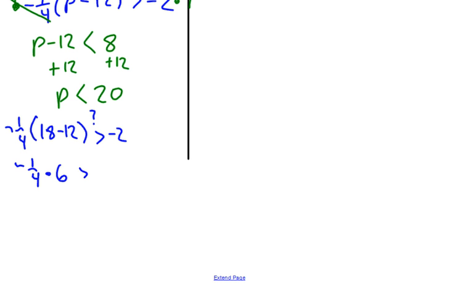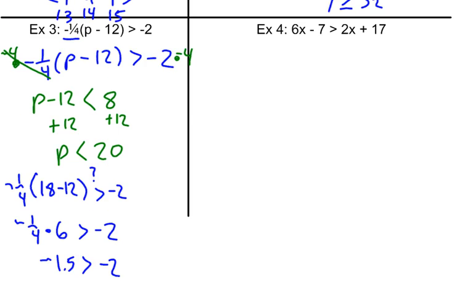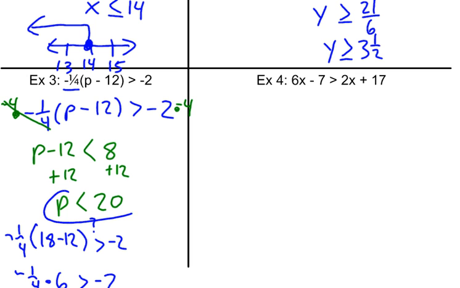Is that greater than negative 2? Negative 1/4 times 6 is negative 6/4, which is negative 1.5. Is that greater than negative 2? These are negative, so negative 1.5 is closer to 0, which means it is larger. This is correct, so our answer here is right. You could graph that if we had to.